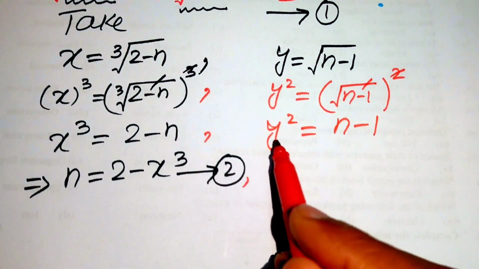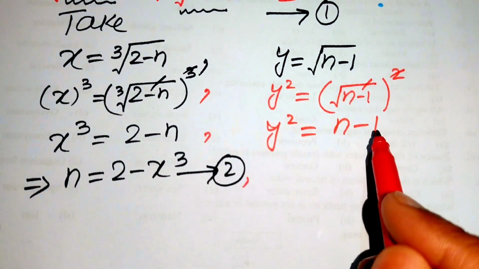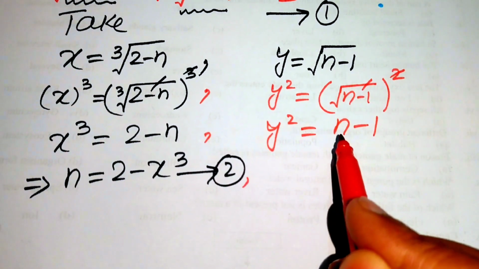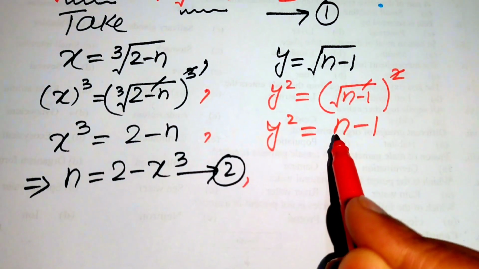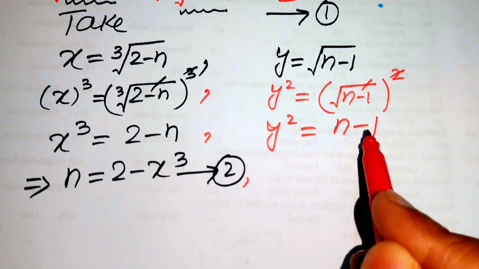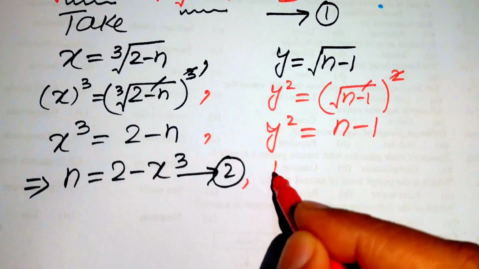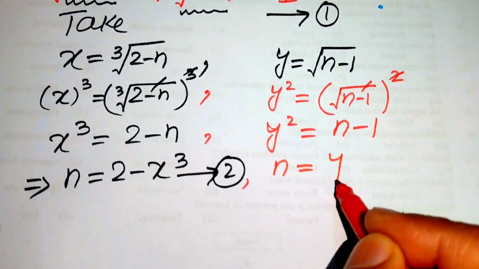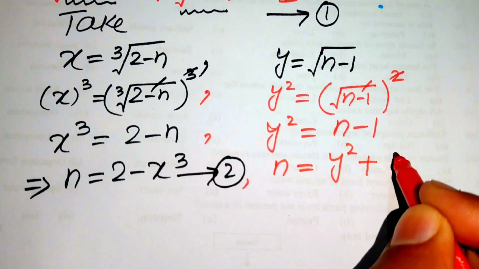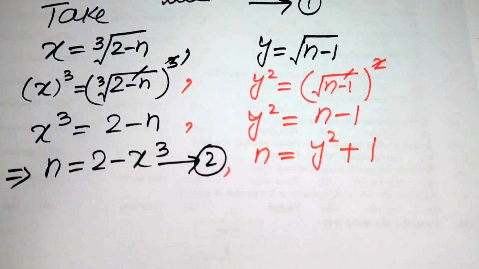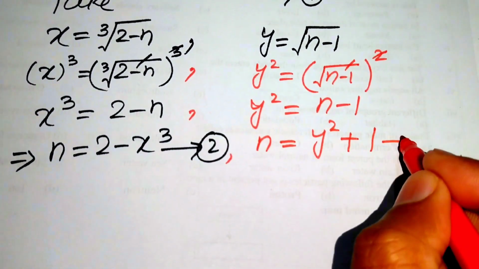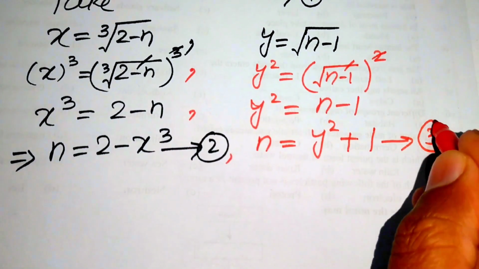Similarly, we need to separate n, so we move this minus 1 to the left hand side, and you get the value of n equals to y square plus 1, and we call this equation number 3.